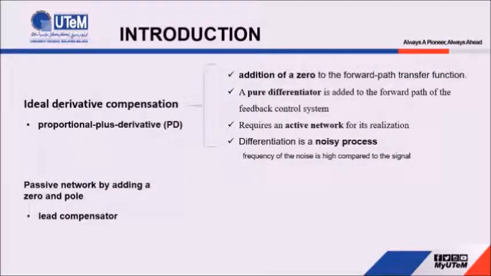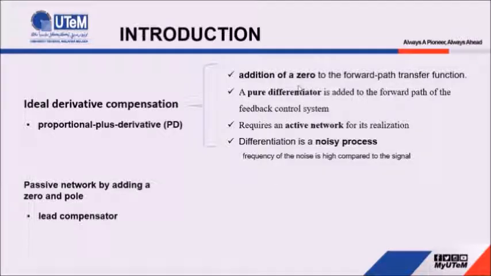Okay, what is ideal derivative compensation? The controller that we use with this kind of method is the proportional plus derivative, PD controller. In order to design this PD controller, we have to add a zero to the forward path transfer function.